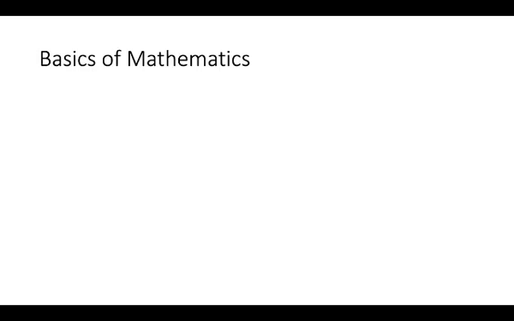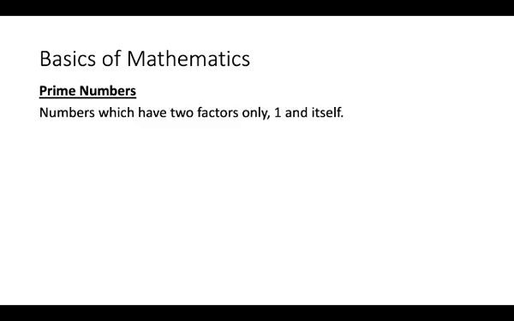In earlier classes, we have studied prime numbers and composite numbers. Now, what are prime numbers? Prime numbers are the numbers which have two factors only, 1 and itself.